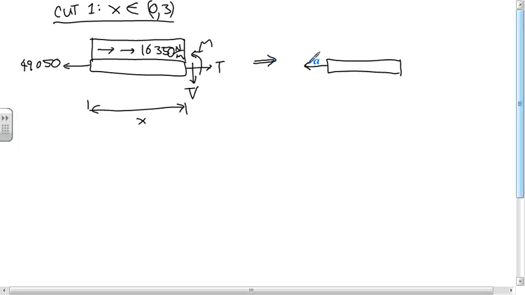So we have 49,050 this way. And what's the magnitude of the point force caused by the distributed load? That's right, 16,350 x. And then the internal loads, T, V, and M.